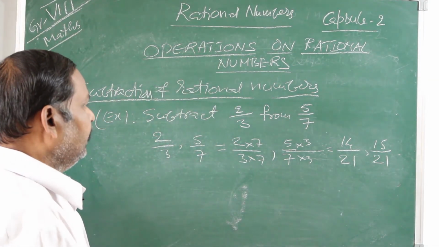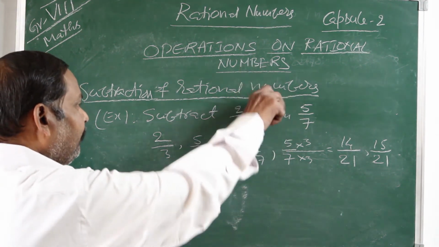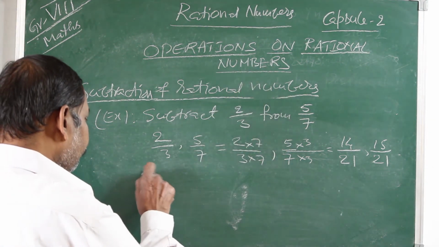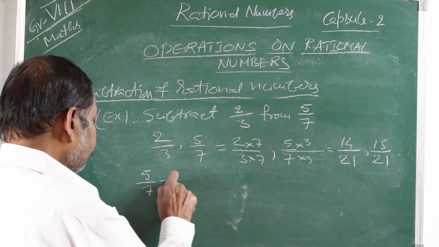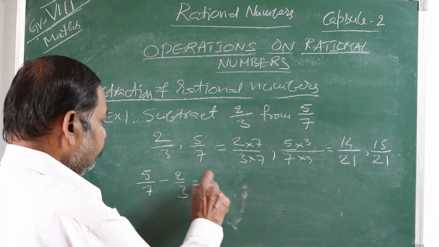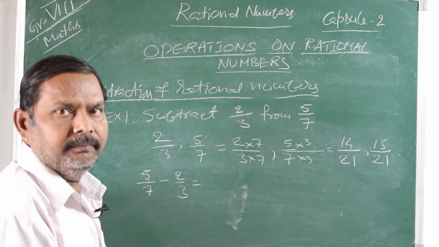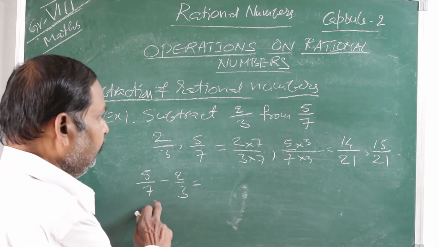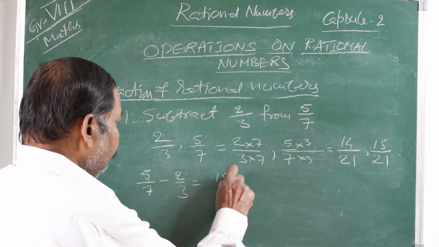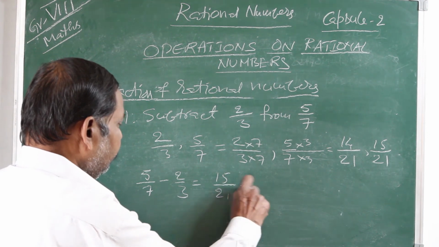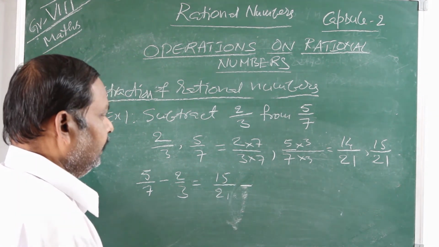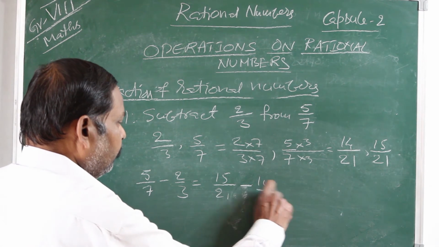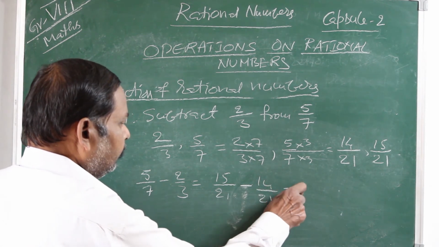And in the question it was asked to subtract 2 by 3 from 5 by 7. That means 5 by 7 minus 2 by 3. 5 by 7 is nothing but 15 by 21, and 2 by 3 is nothing but 14 by 21.